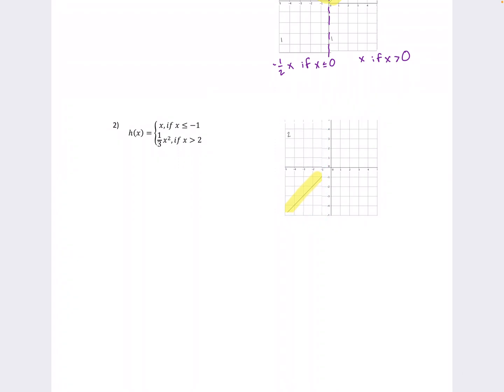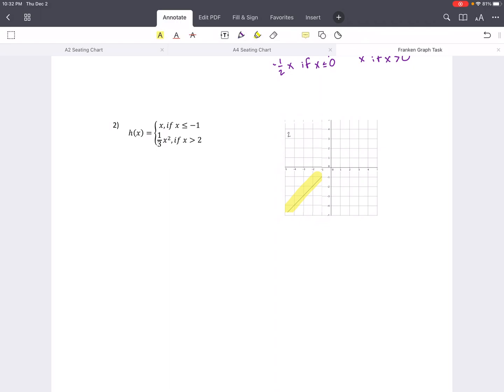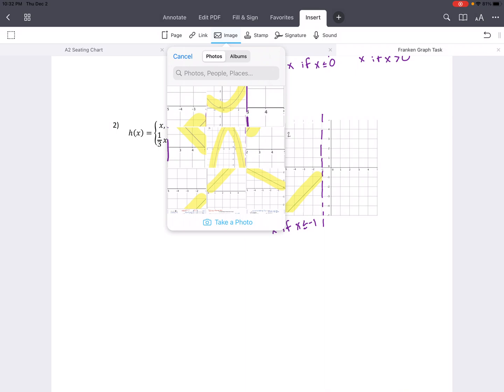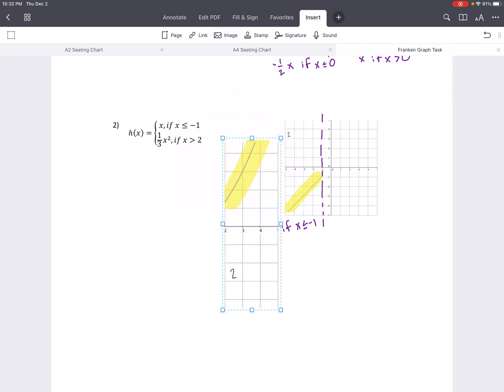Okay, so that's where x was -1. We cut it right here, and we pasted that section of graph. And now we're going to go grab our quadratic from number 2. And this is where x was greater than or equal to 2.